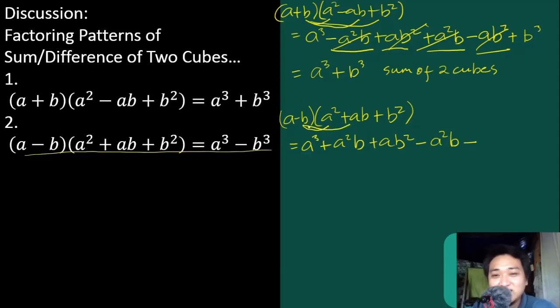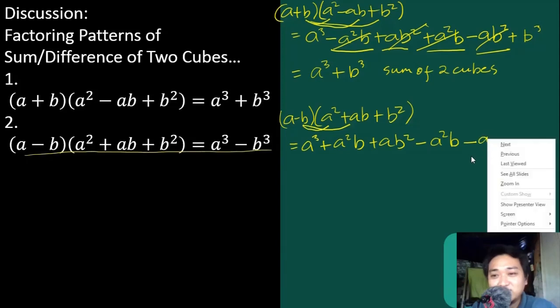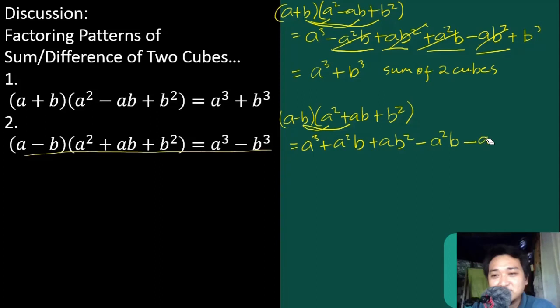So, negative B times positive AB, that will be negative AB squared.